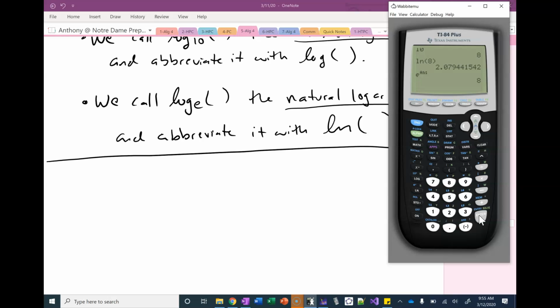What if I wanted to do log base 2 of 3? How do I do that on my calculator? Well, to do that, we're going to start by pressing the Math button. And then from the Math tab, which we're at automatically when we press the Math button, we're going to scroll down and look for the command that says logBASE. Now, not everybody's calculator might have this.